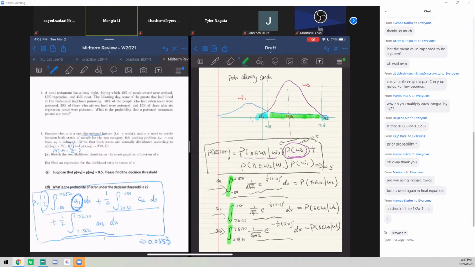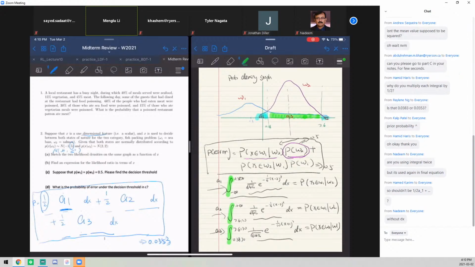I shouldn't do this. It's not twice. A1, A2, A3. It should be like this. So here, the A1 is the whole thing. It makes sense. It's not taking the integral twice. Yeah, we found this.